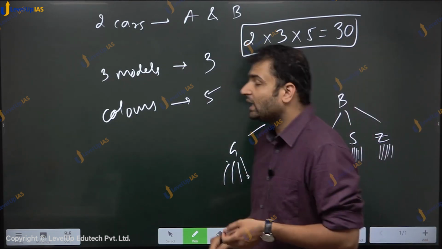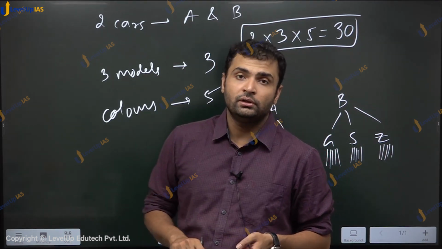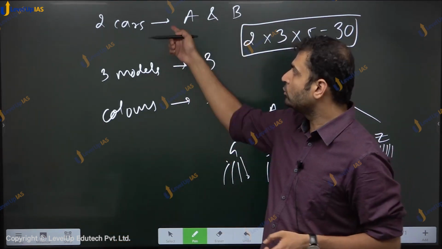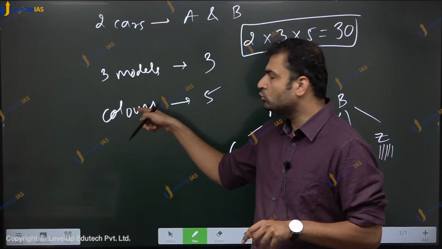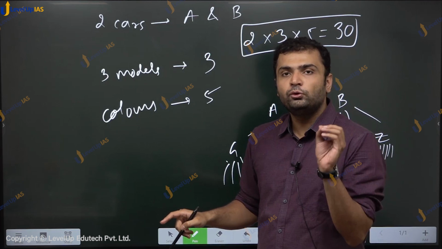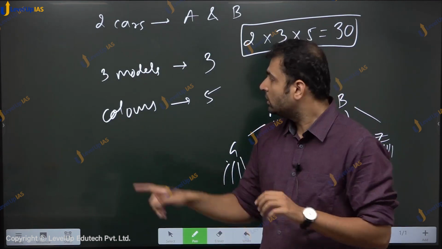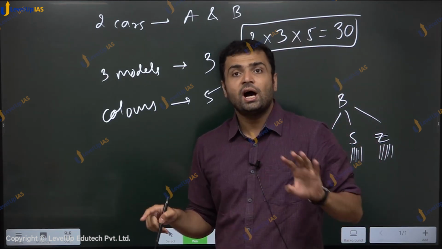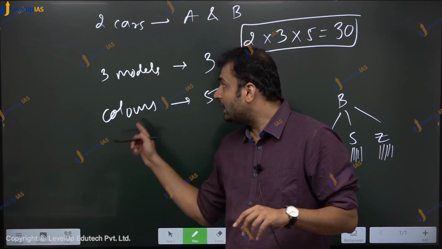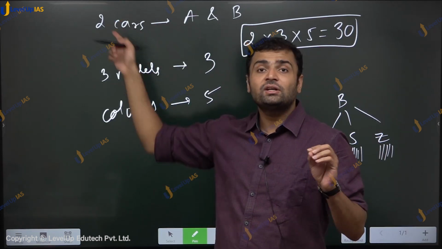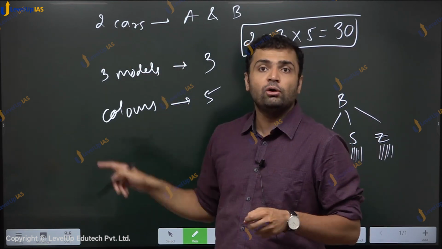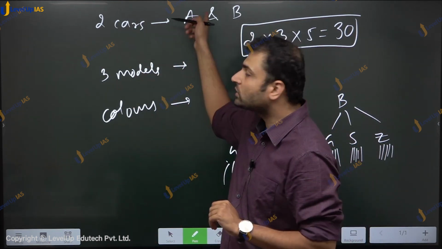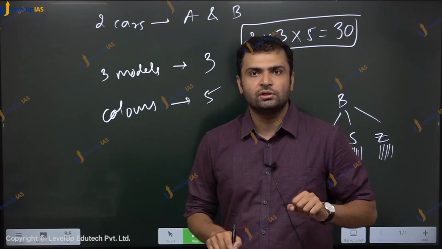What about this? Can we now multiply? First you have to choose car, yes. Then we have to choose model, yes. And we have to choose color. But if you observe carefully, choice of color 4 है कि 5 है? That depends upon which car I choose. है कि नहीं? If I choose car A, then I have only 4 color options. If I choose car B, then I have 5 color options.